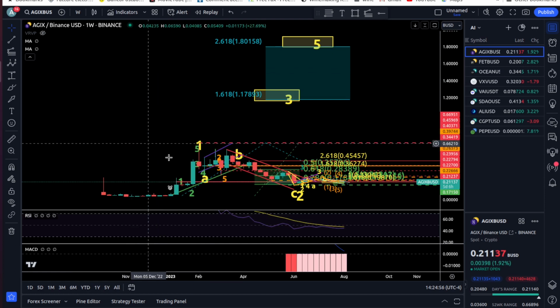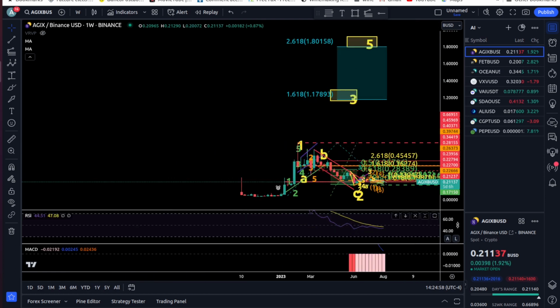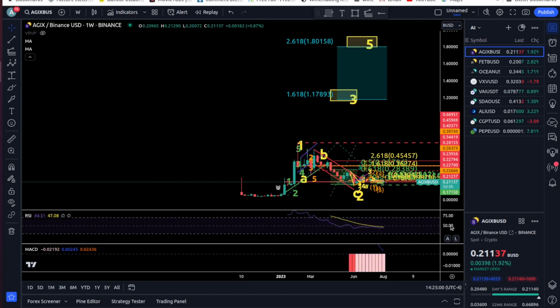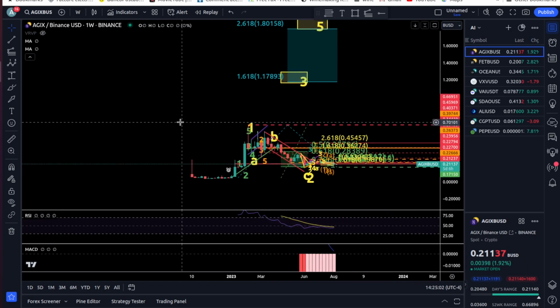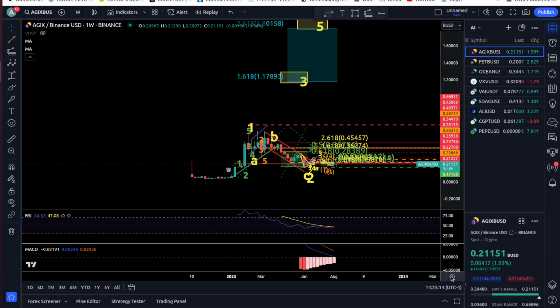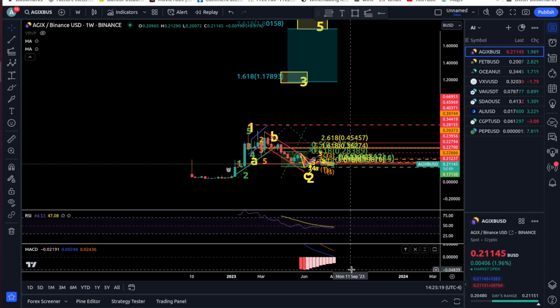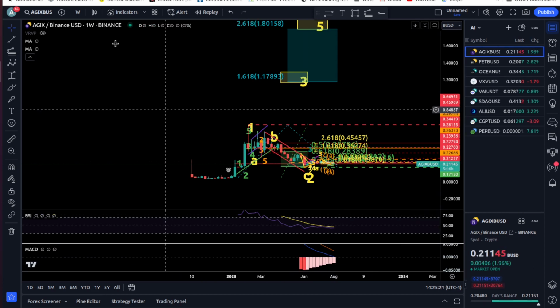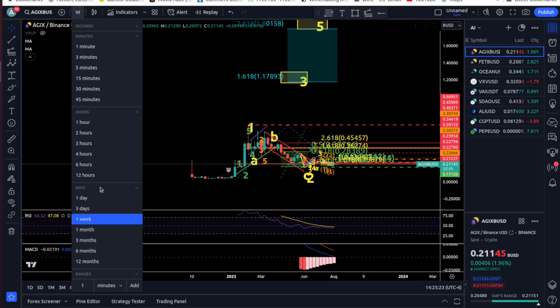Now, as you can see, I am on the weekly, so we started very high and we are now mid-ground, a little bit below 50. We're at 44.5 for the RSI levels. But it's not that useful because Agix is a relatively new coin.